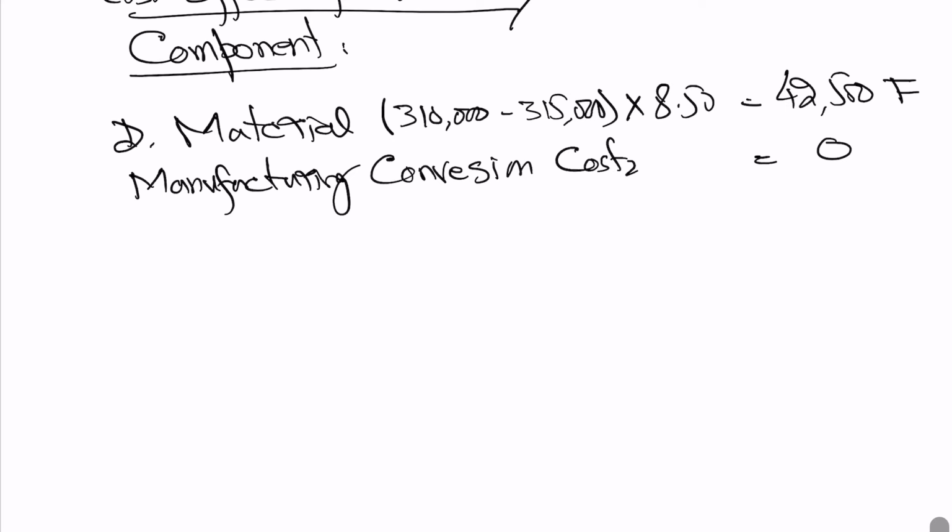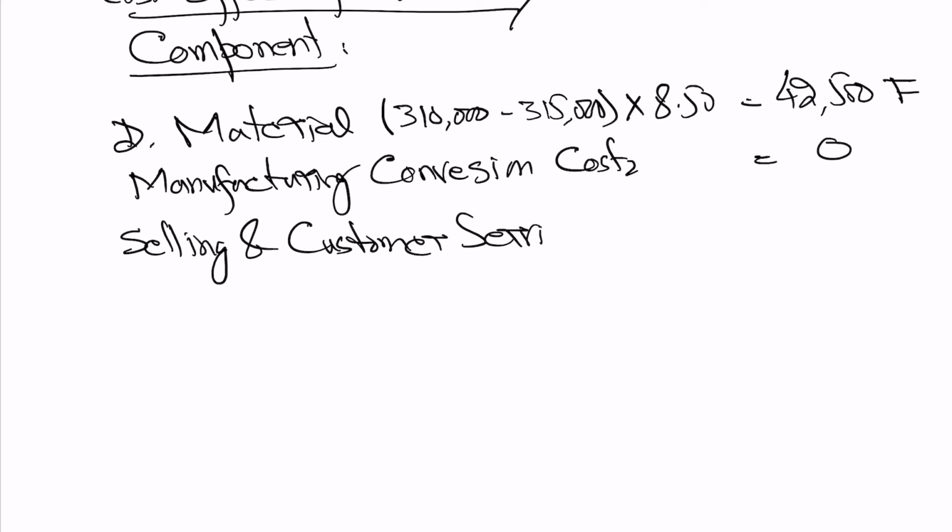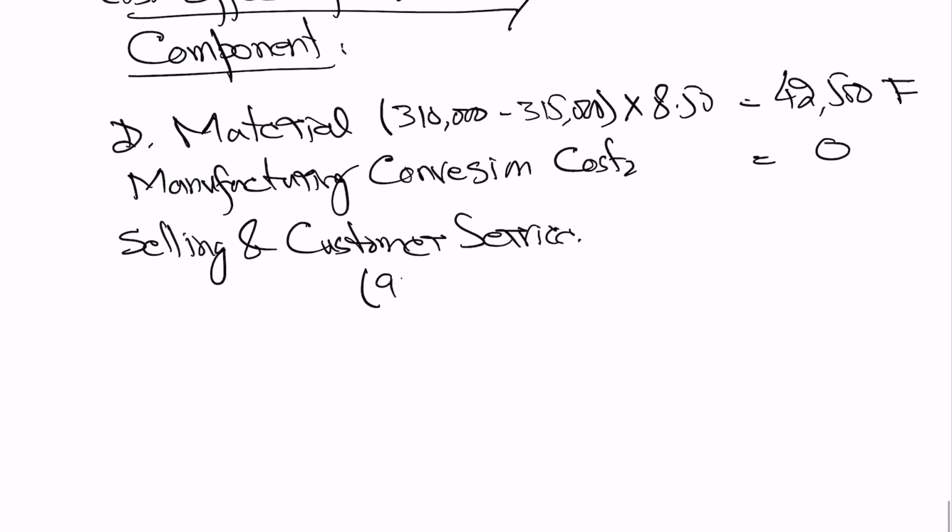Selling and customer service is 95 minus 100 into 9,900, so that is going to be 49,500 favorable.